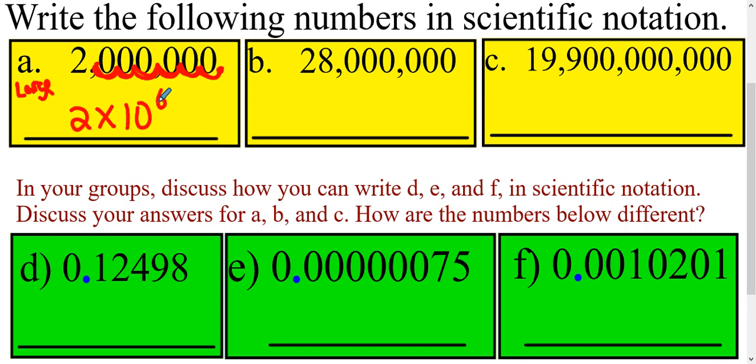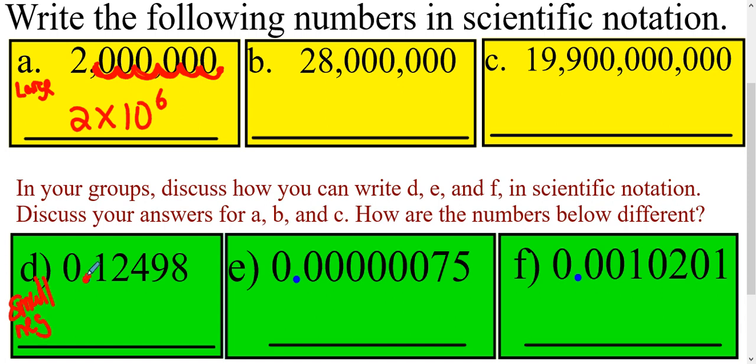For D, let me skip to D because this is a small number. Small. So you know that this is going to be a negative exponent. But the first number still has to be between 1 and 10. And you see the decimal is here right now. I'm going to move that decimal not to the left, because if I move it to the left, I'm not making a number between 1 and 10.